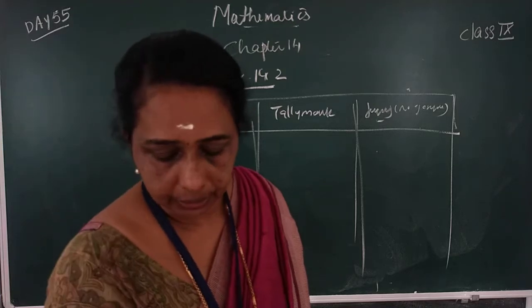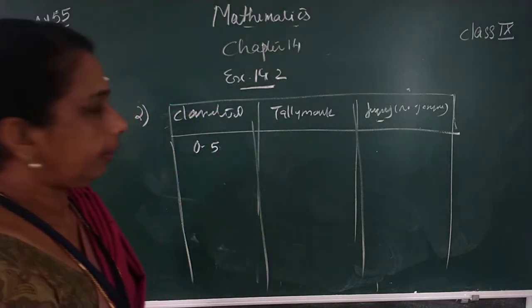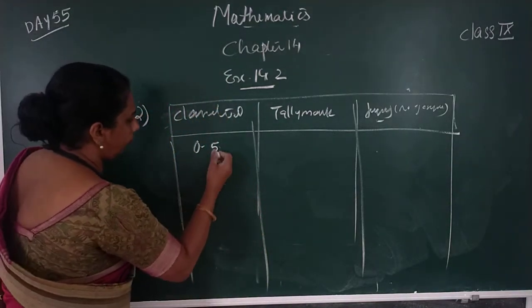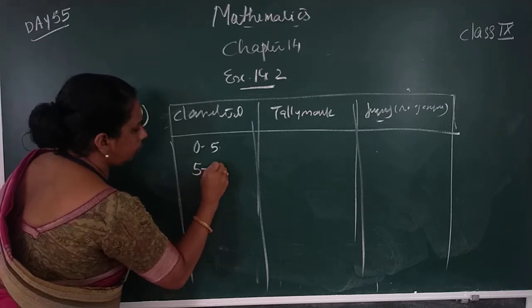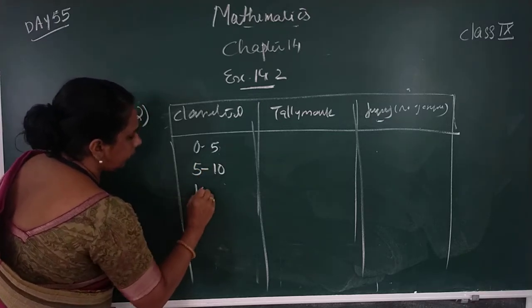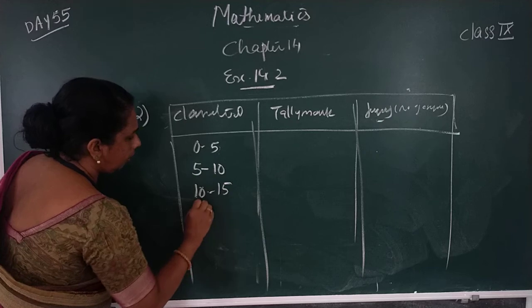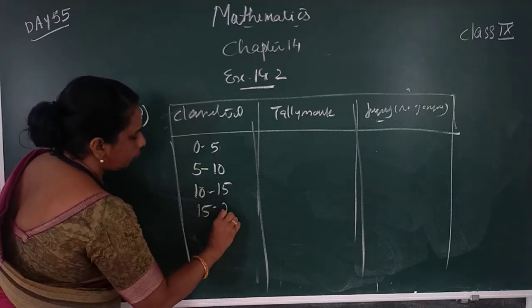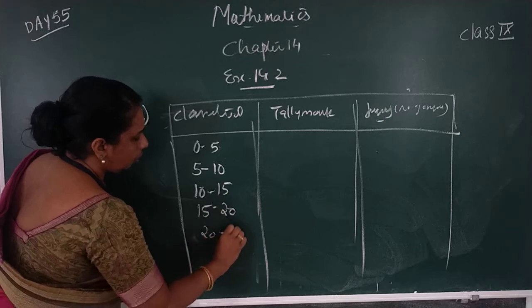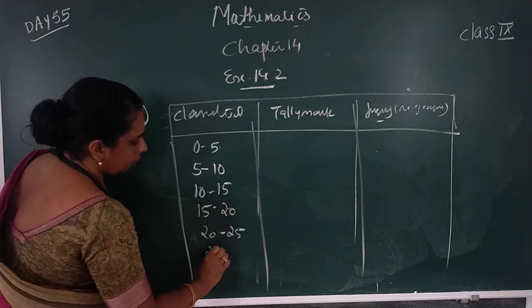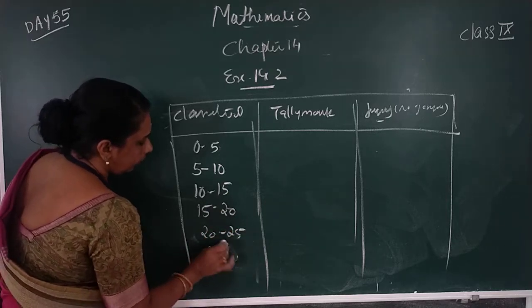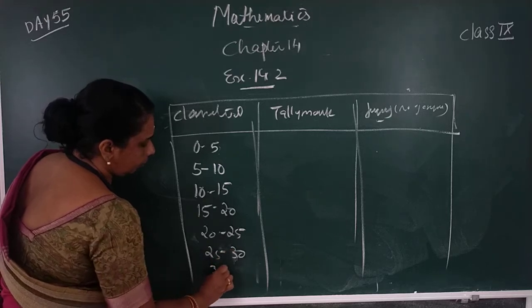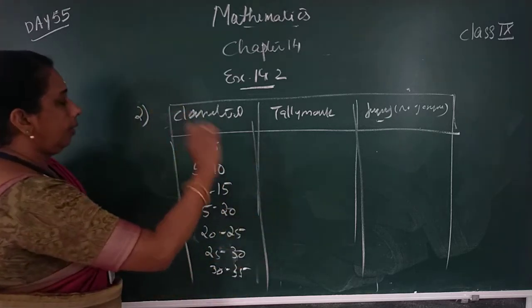So we can prepare the class intervals up to 35. 0 to 5, then 5 to 10, 10 to 15, 15 to 20, 20 to 25, 25 to 30 and 30 to 35.